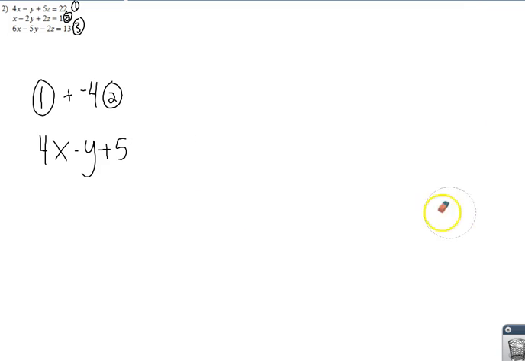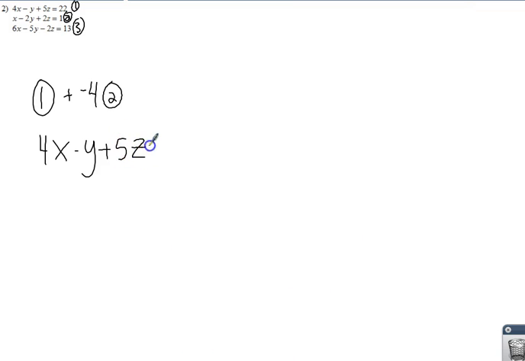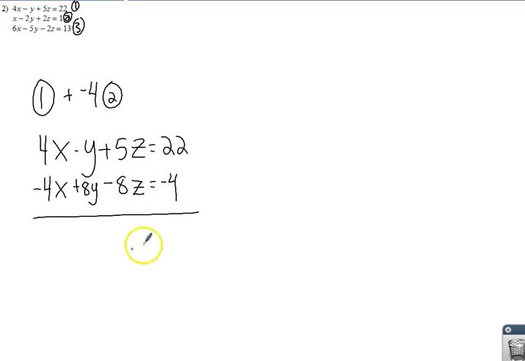Sharing is caring. Alright, here's equation 1. Now negative 4 times equation 2. All the signs are going to flip, which makes it interesting when I do this. Good, the x's cancel, that's great.